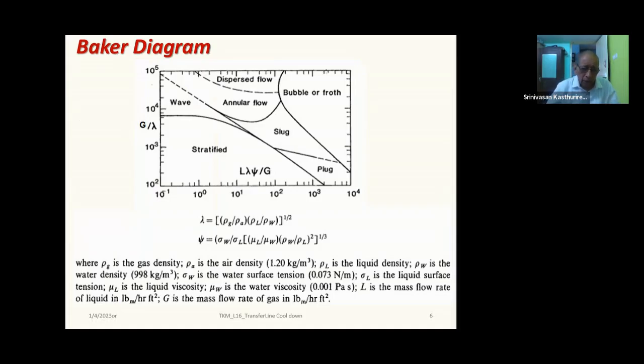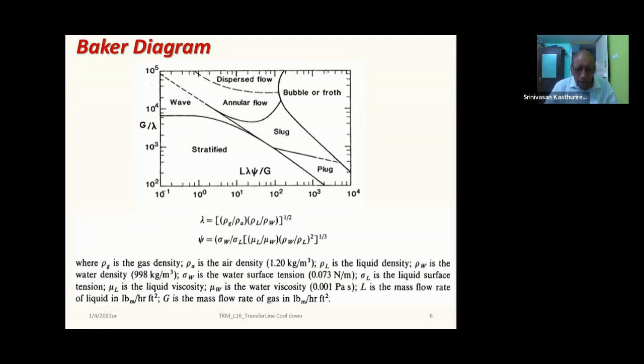The parameter on the vertical axis is G by lambda. The parameter on the horizontal axis is L lambda psi by G. What is lambda? Lambda is rho G by rho A multiplied by rho L by rho W, and the whole thing to the power half. That is the square root of this value.